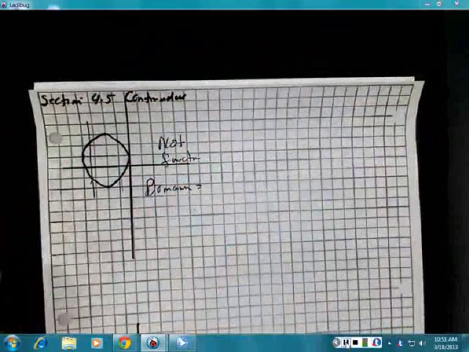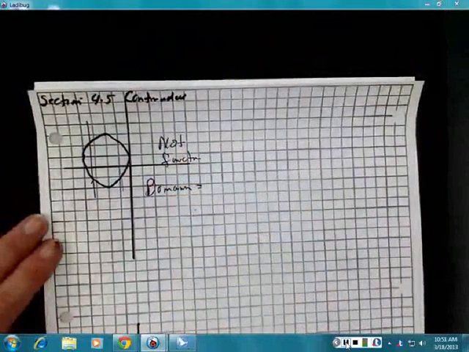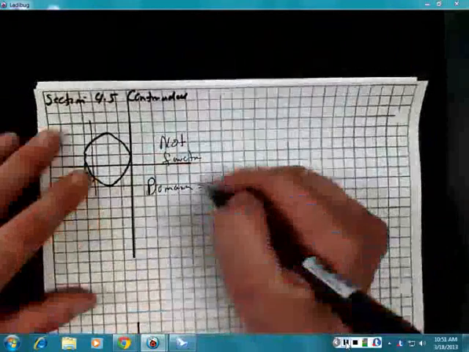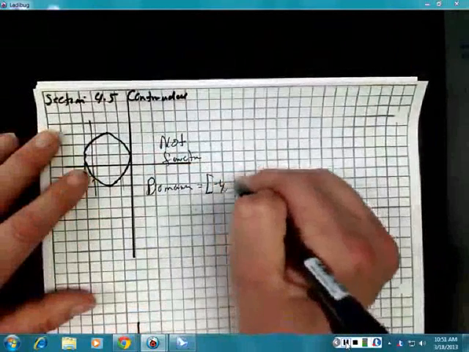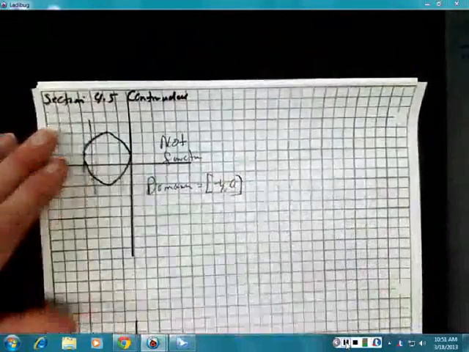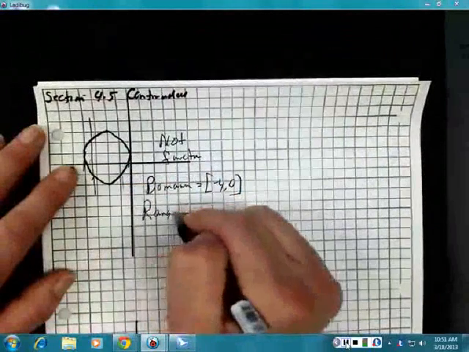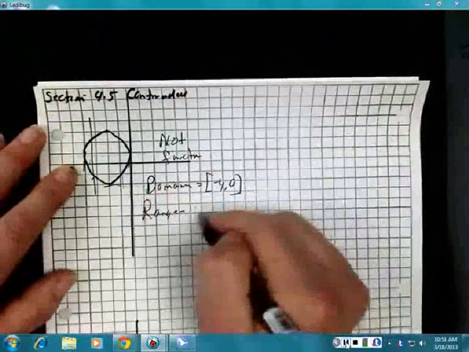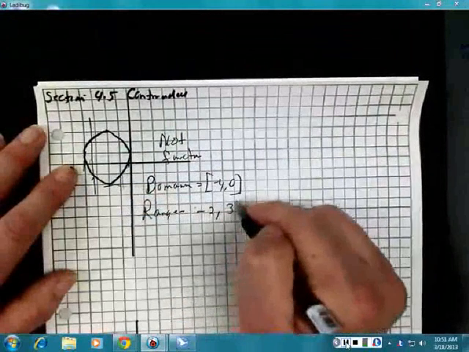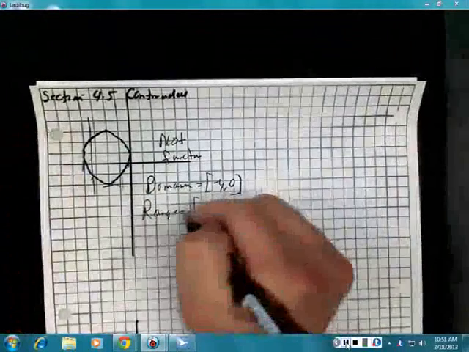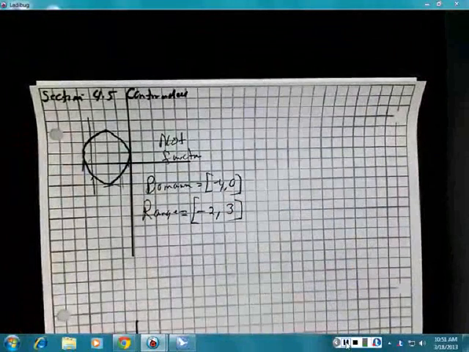From negative 4 to 0, because it stops right there. And what's its range? From negative 2 to 3, with brackets around it. Makes sense on a circle?